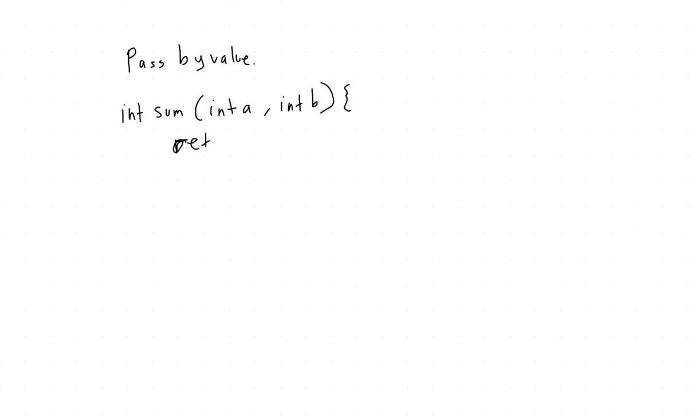This is just an example function. So when you have pass by value, what usually happens is when you call the function in the main function.